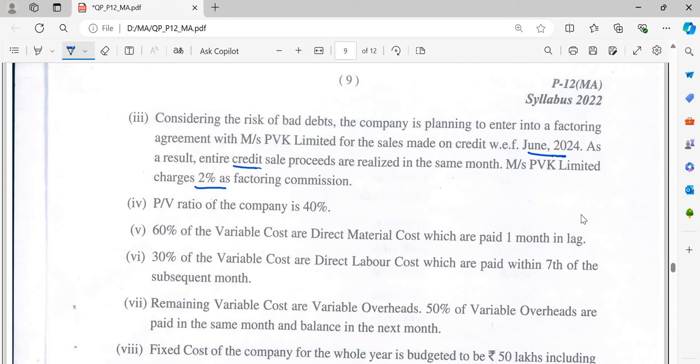That is 2% on the entire credit sales proceeds we will be getting in the same month. So for that we are paying 2%. So PV ratio of the company is 40%. So PV in the sense this is contribution. So contribution is 40%. Then my variable cost will be 100 minus 40, so variable cost will be 60%.